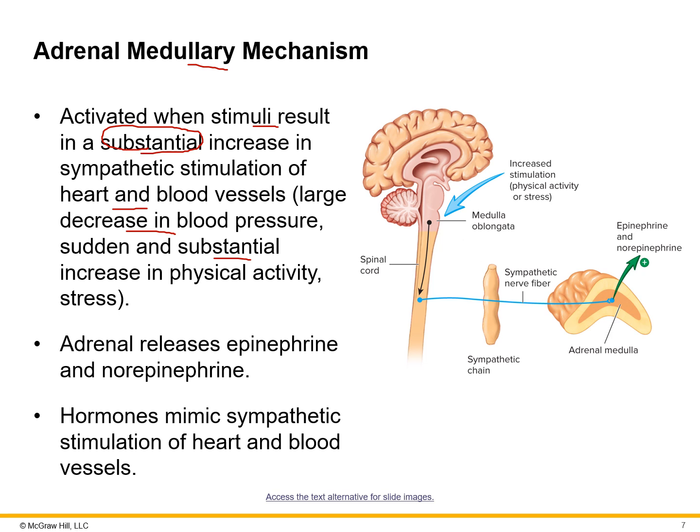That's going to trigger this adrenal medullary mechanism, and that causes the release of epinephrine and norepinephrine. Those hormones then mimic the sympathetic stimulation of the heart. It's just using more of a hormonal mechanism than the neural response.